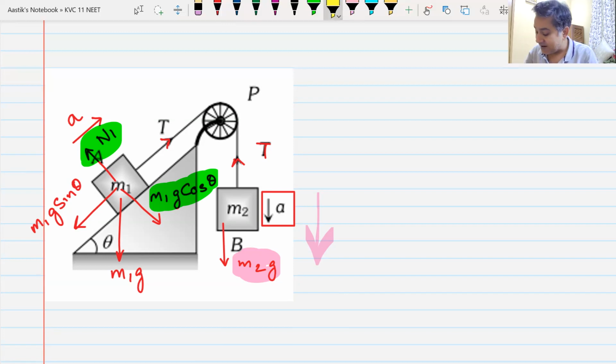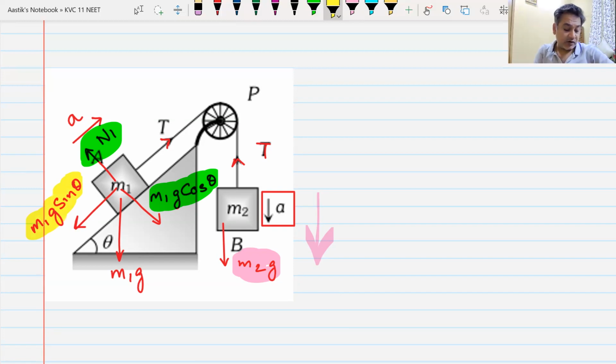On the left hand side, I have this force m1g sin theta, which is trying to pull it this side. Whatever force is more, that will win. In this case, since it is given that it is moving downwards on the right hand side, that means m2g is more.